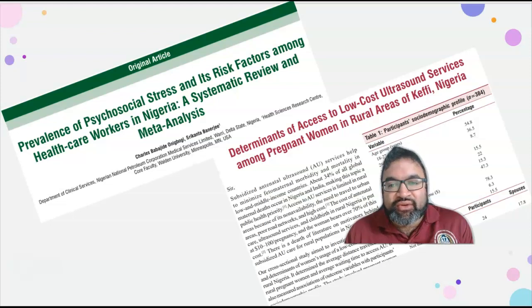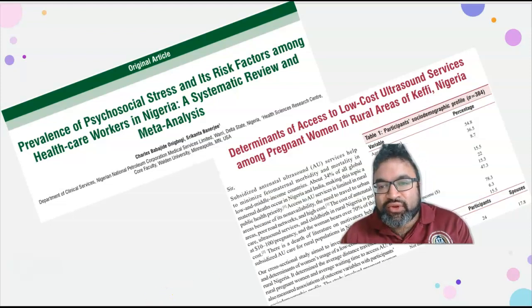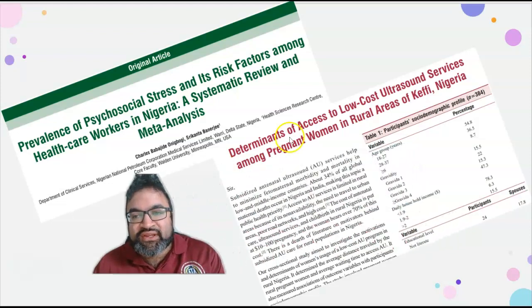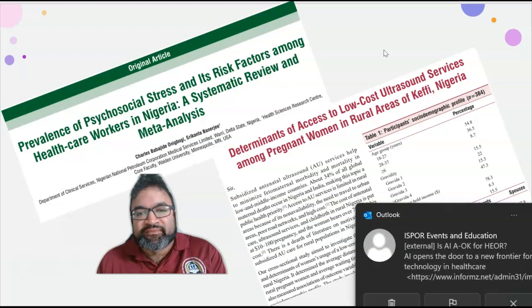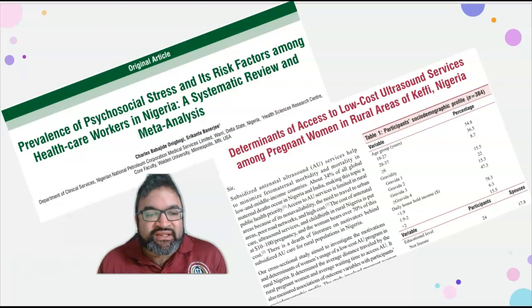And then Determinants of Access to Low-Cost Ultrasound Services Among Pregnant Women in Rural Areas of Kefi, Nigeria. So these are two examples of meta-analyses and cross-sectional studies that were conducted in order to provide some evidence of what is going on between the associations.